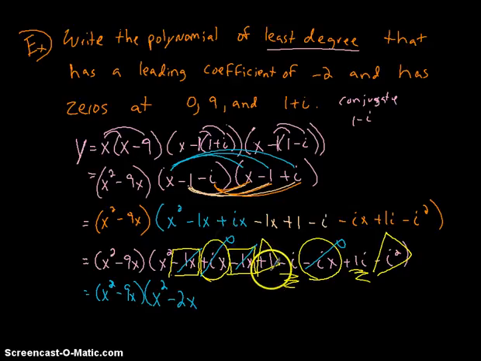Negative i and positive i come out to be 0. And positive 1 and a negative i squared, where negative i squared means negative, negative 1, so positive 1. So this is really positive 1 and a positive 1, which makes it plus 2.